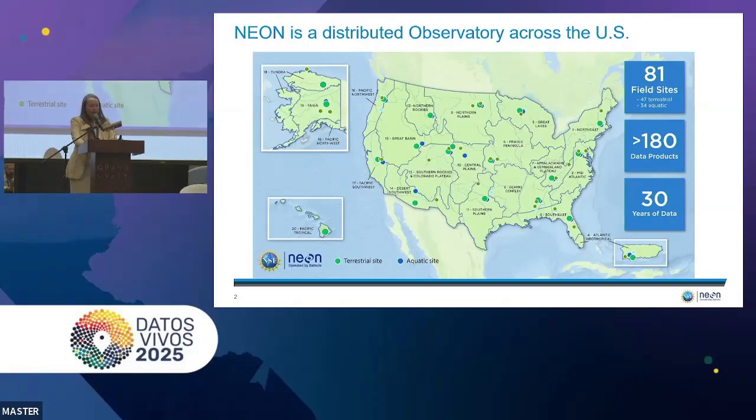We have 81 field sites representing 20 ecoclimatic domains, and we provide a highly coordinated system of open data for monitoring, with over 180 data products. The intent is to collect these data for 30 years, with the observatory becoming fully operational in 2019. So we've been in full swing for about 6 years now.